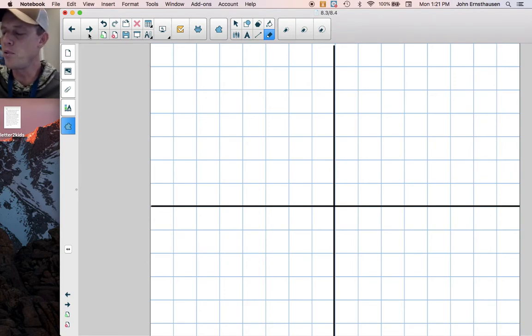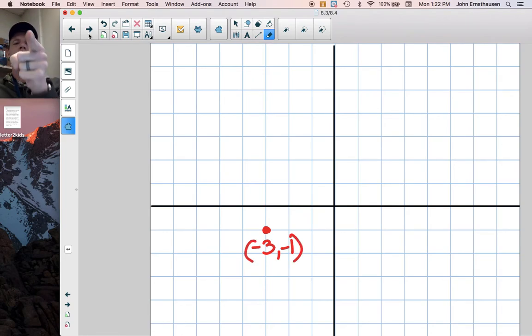I'm going to put a point. The first thing I want you to do is to give me the coordinates of the point. So we're in quadrant 3, which means negative x, negative y. What would be the ordered pair? If you said negative 3, negative 1, you win $1 million that I don't have, okay? Negative 3, negative 1. So we're going to reflect this across the x-axis.